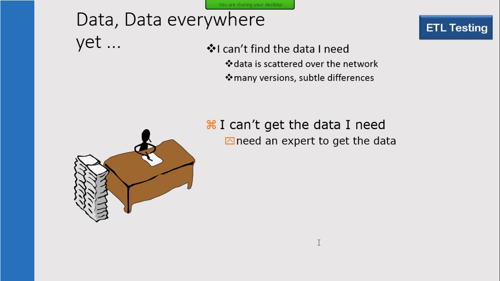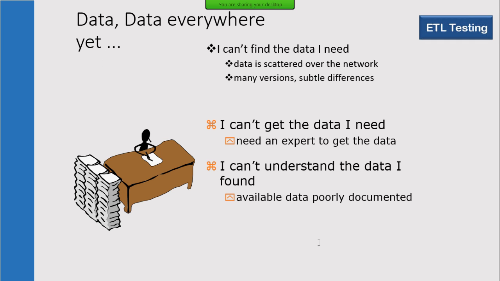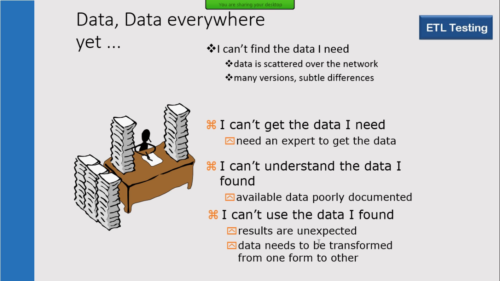So data is spread out across the network in different systems, and the producer is not able to understand the data he has collected. He has got the data everywhere but he's not able to get the proper, correct, desired information out of this data.